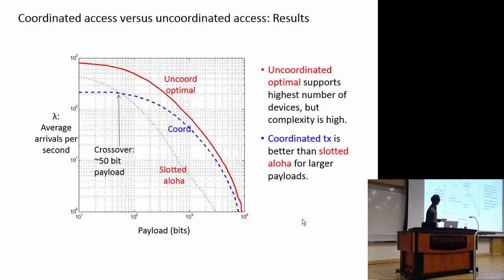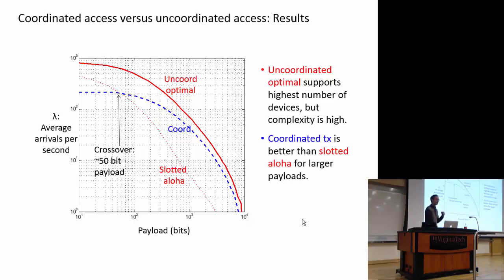The blue curve here is the coordinated transmission, the two-stage transmission. This is, say, conventional LTE. The dotted red line here is the baseline for the uncoordinated transmission based on slotted aloha. And you see here that there's a crossover at around 50 bits. So what this means is that if the payload is 50 bits or less, then slotted aloha performs better.